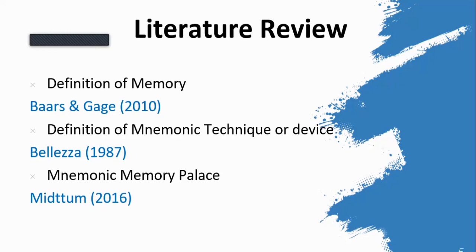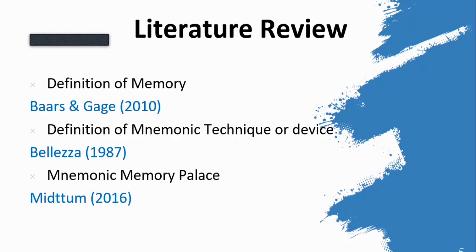According to Midterm in 2016, a memory palace technique is used to store and memorize information that needs to be remembered in a certain sequence by using rooms, houses, buildings, palaces, or simply places that the learners know as storage rooms for the information that they wish to memorize.